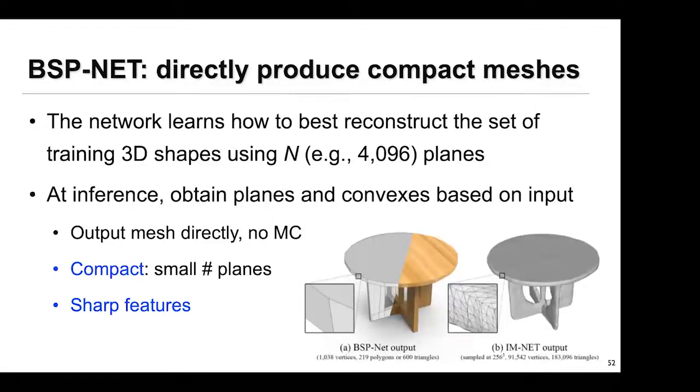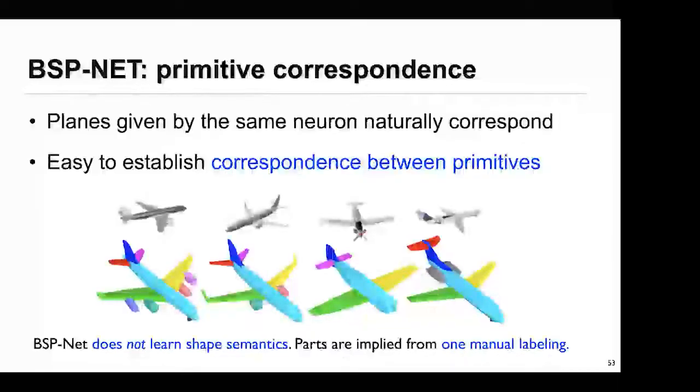In contrast, for BSP-Net, because you already have the planes, you can directly get a mesh just by using CSG operations, and you can also obtain sharp features, and the meshes obtained can be easily textured. You also have a more compact representation compared to the results from marching cubes, if you compare the counts of the polygons in these meshes.